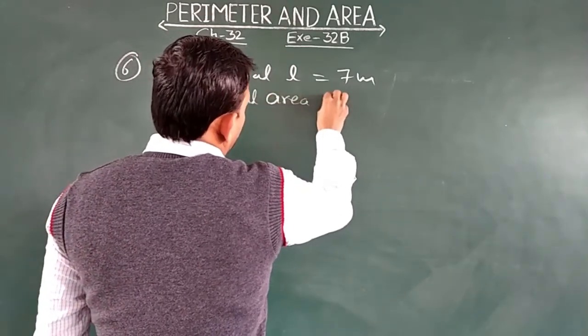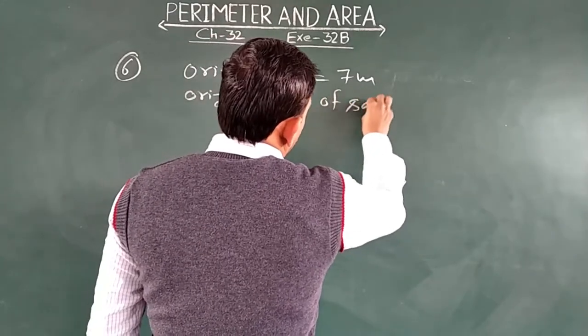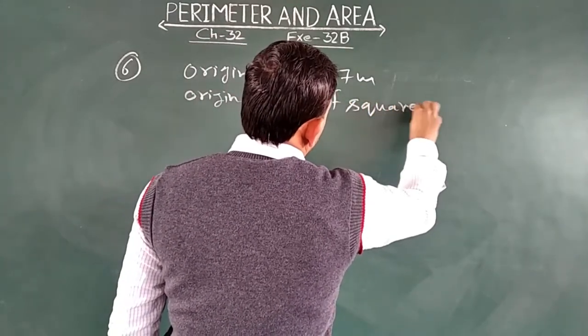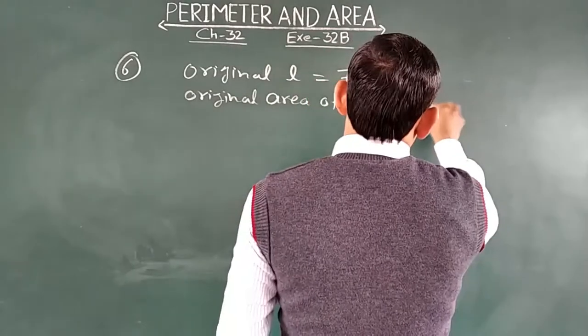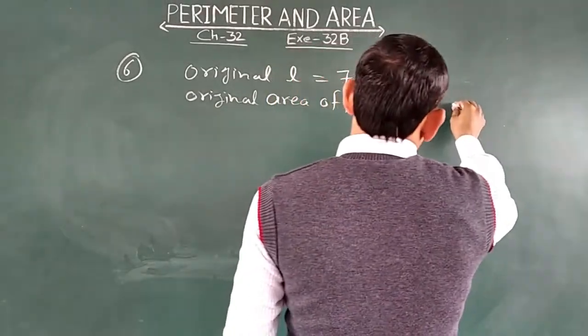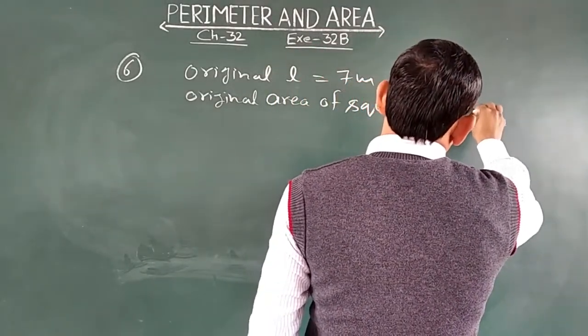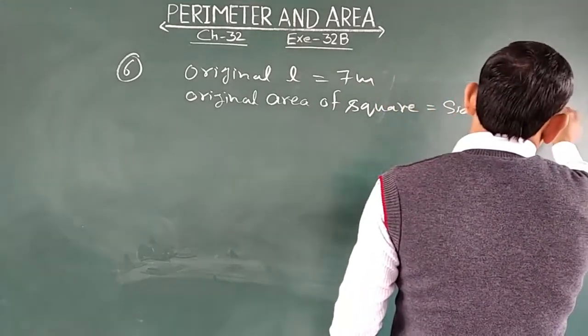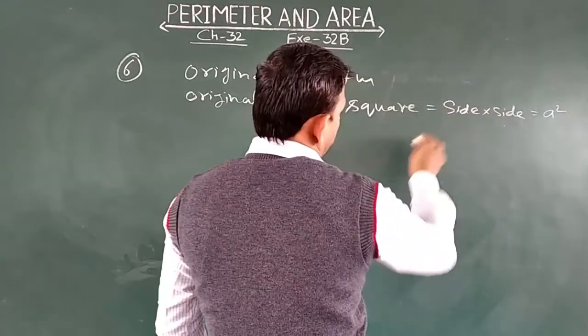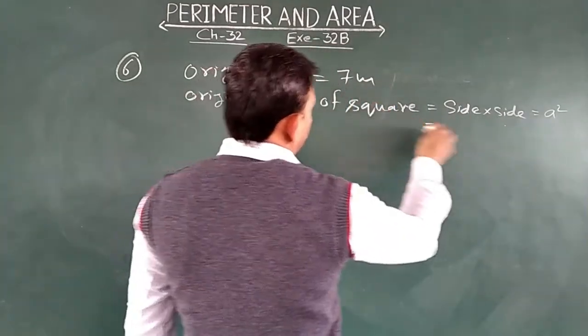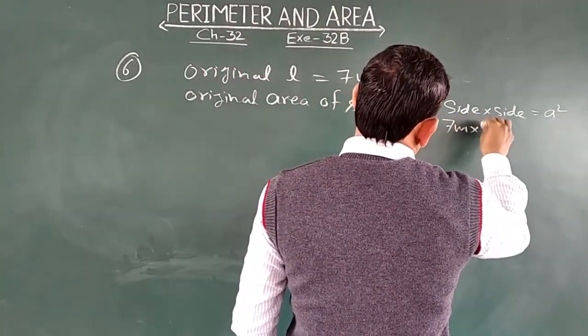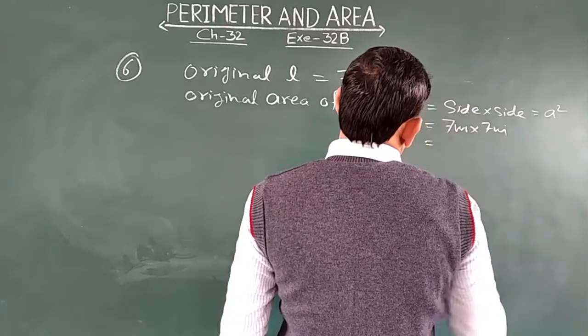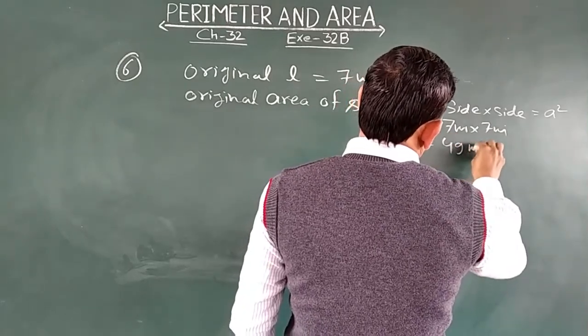What will be the original area of the square? As you know, side into side, or side square, whatever you may write. So 7 meter into 7 meter will be 49 meter square.